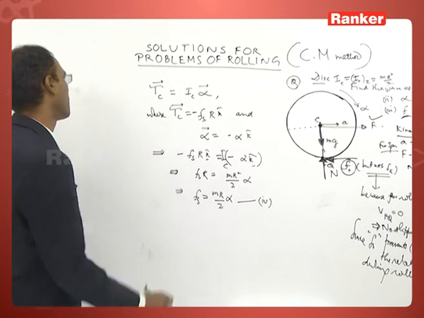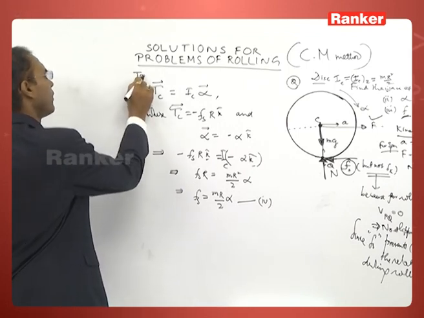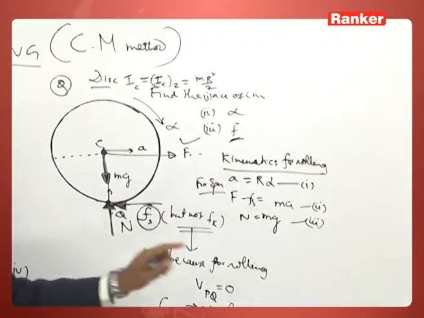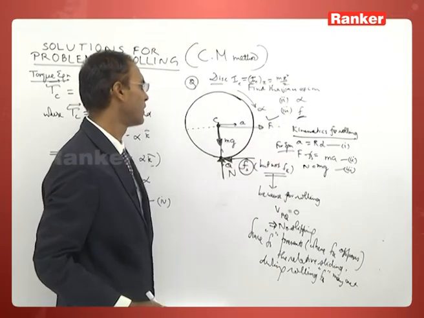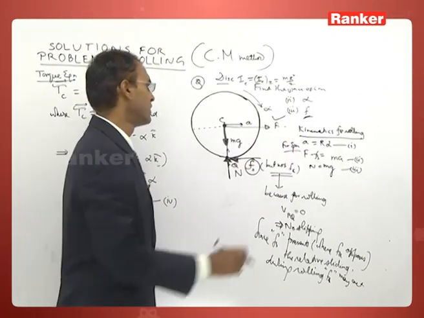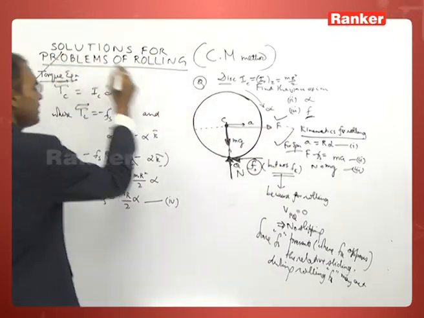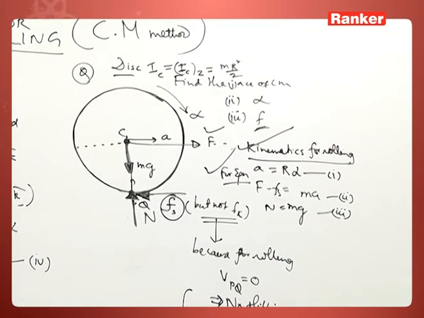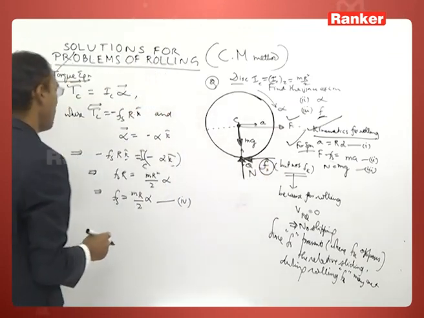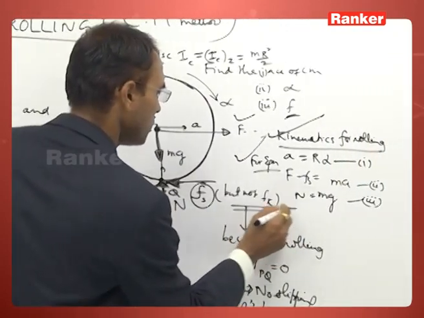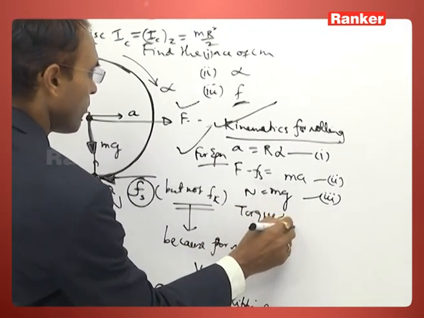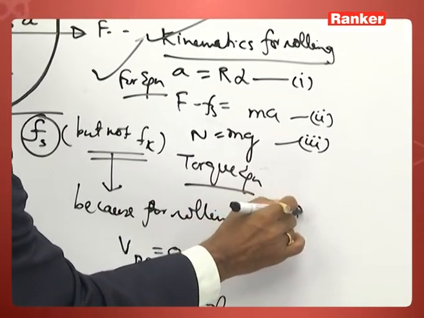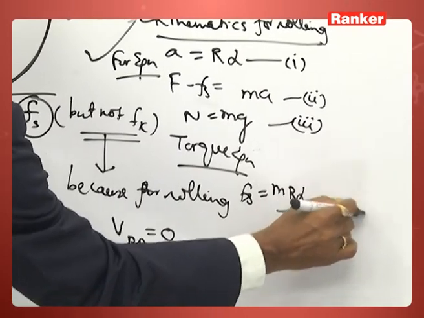So we have one torque equation, two force equations, one kinematical equation. So, force equation, torque equation, kinematical equation, three concepts we are using, and we are getting four equations. We have to solve all these equations now. So, Fs is equal to m r alpha by 2, that is equation number 4.